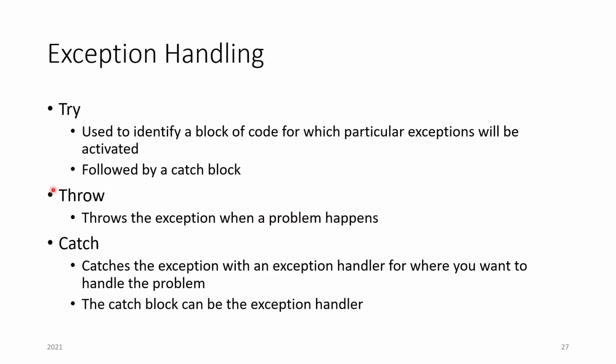You'll put a throw instruction where you expect the runtime error to occur when a problem actually does happen. The catch block will grab the error from the throw and then handle it within your program and make sure that your program doesn't crash. In most cases, the catch block is going to be your exception handler, which is a specialized function.